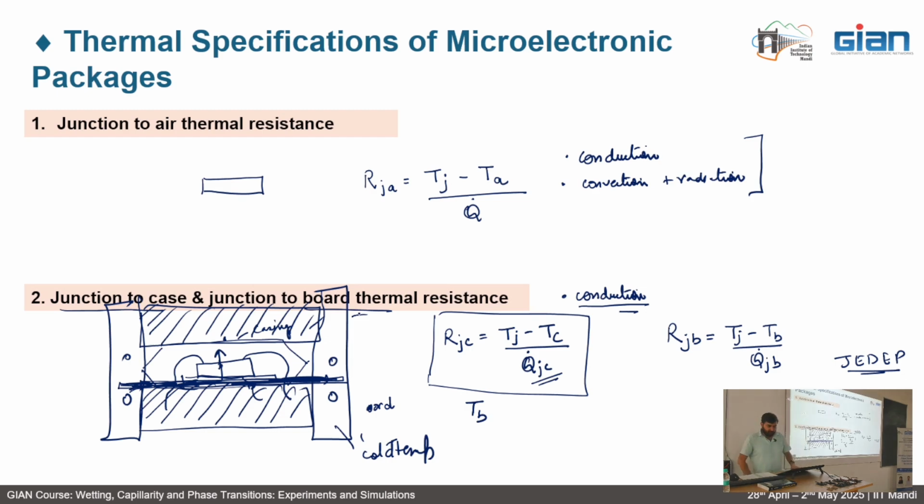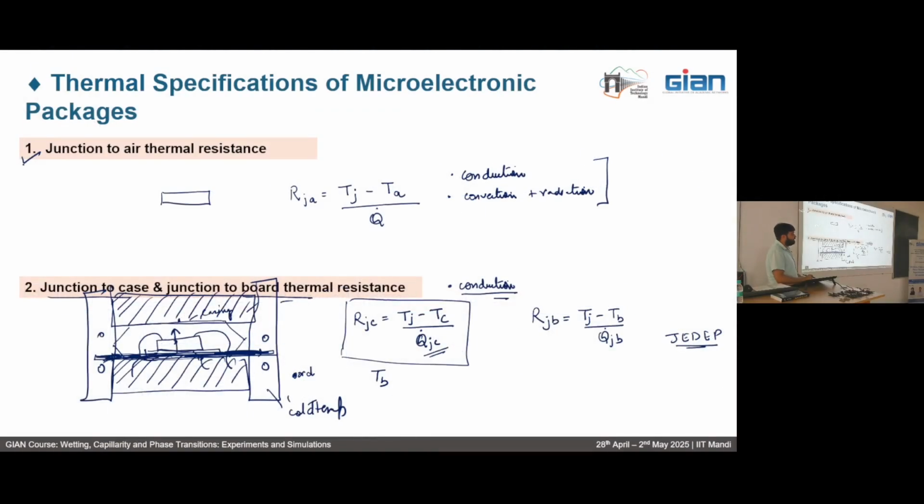Also, one thing which I should have mentioned in this case, where we have defined the junction to air temperature, is that this is also standardized. So we control the parameters here also. What we usually do is that we take a cube, not a cube exactly, we take a box.